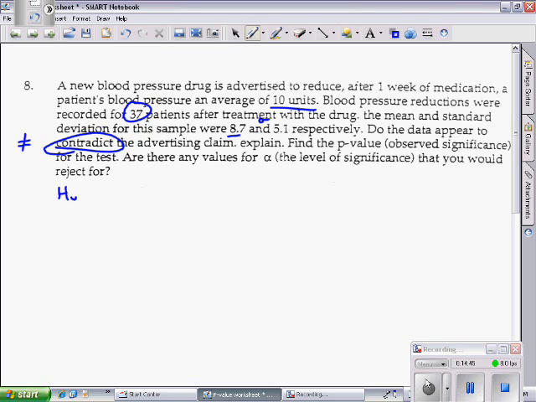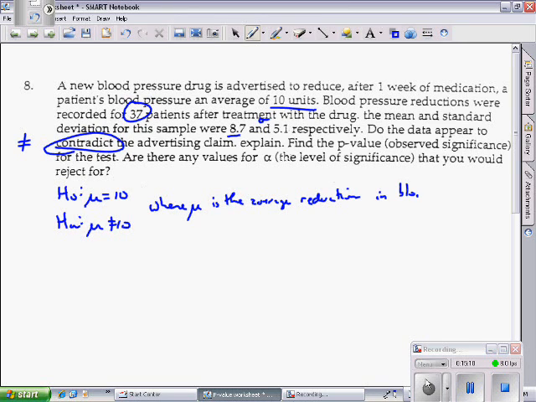So setting up H0, mu is 10, HA, mu is not 10, and we've got to define mu, where mu is the average reduction in blood pressure after 1 week.